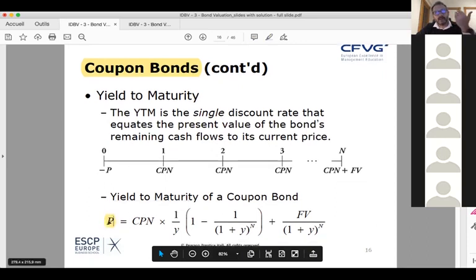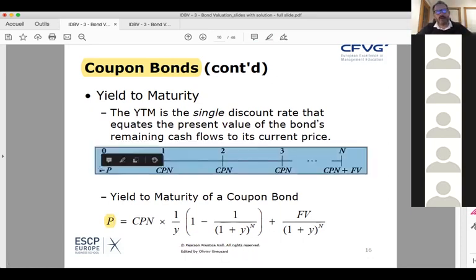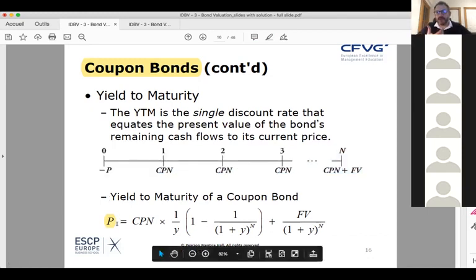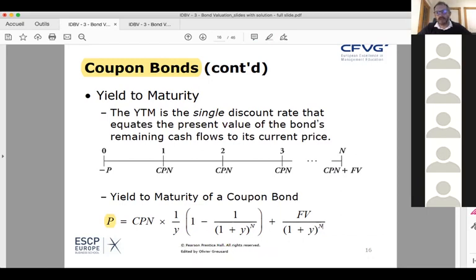And you can see here that the price today of the bond, what you are supposed to pay today to buy the bond, is exactly the present value of all the cash flows that you expect to receive. That's also very important for us, because this is something we have in a lot of situations: the idea that we calculate the present value of the future cash flows.